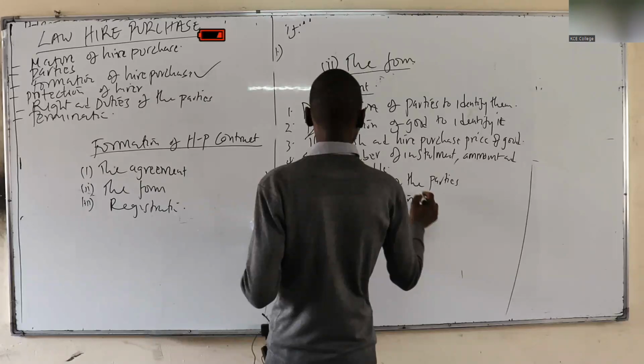Those are the three ways in which hirer might be protected. So start with number one, content of hire purchase agreement, void provision.